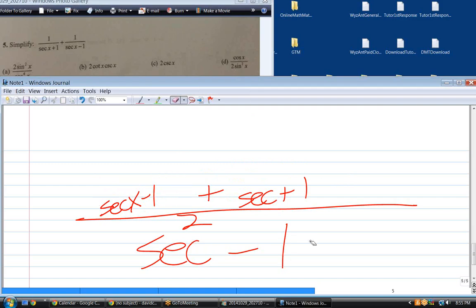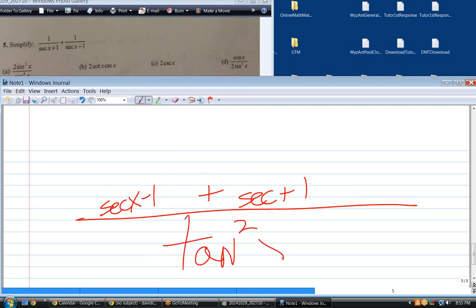And then I can replace this with tangent squared. And we have secant x plus secant x, so we get 2 secant x, and minus 1 plus 1 cancels out. We get 2 secant x over tangent squared, or 2 secant x cotangent squared x.